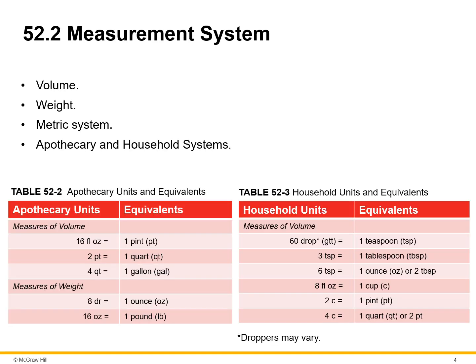All right. Now, the most common system of measurement used in the United States for pharmacology and drug administration is called the metric system. The other two systems are apothecary and household. Your drug measurements will focus on volume and weight.